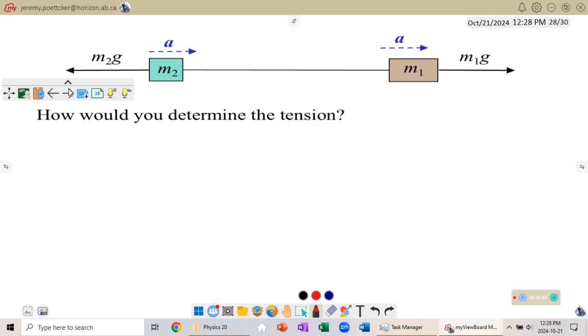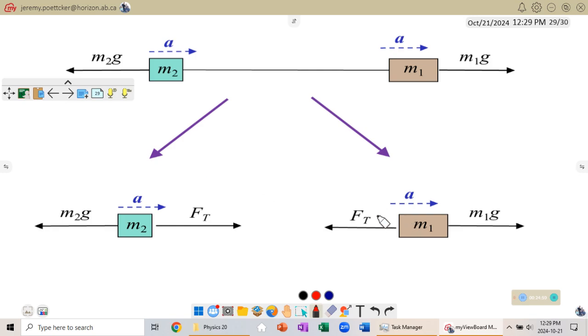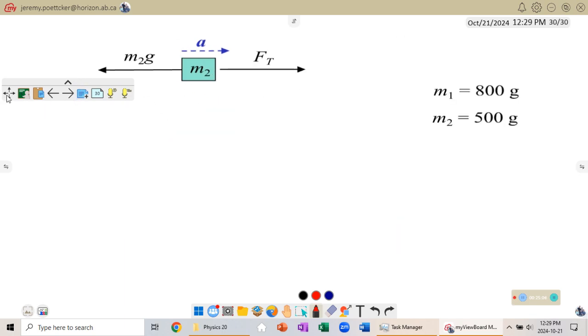All right. So now that we know the acceleration, how do we determine the tension? We are going to determine the tension similar to what we did with that first one with the rope in between the two pulleys. We have a force on either end, and away we go. We also have tension in the middle acting on each box separately.